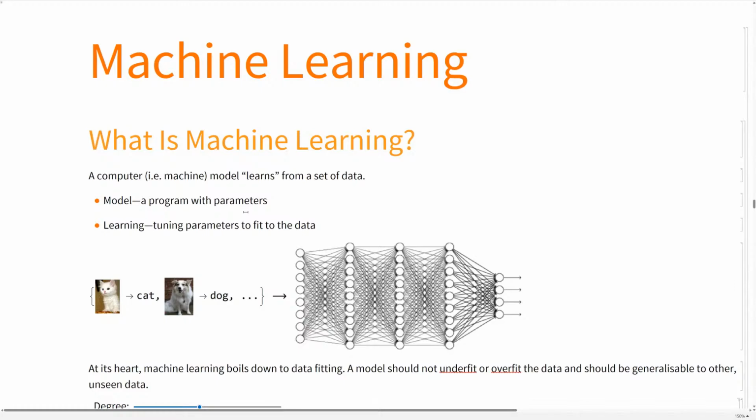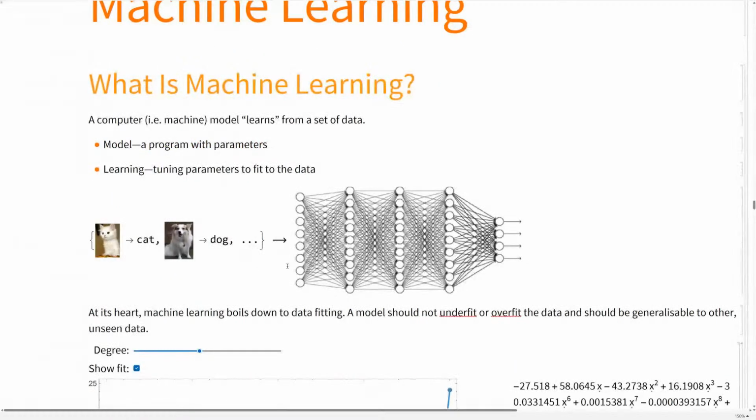And the learning is the tuning of parameters to fit the data, which means that a good machine learning model would have reasonably many parameters, and also a reasonably large data set.